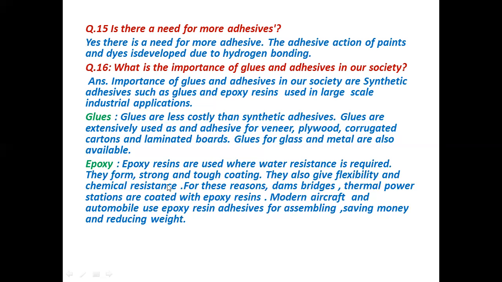They also give flexibility and chemical resistance, and that's why we use them in dams, bridges, thermal power stations, and also to coat some other substances. Modern aircraft and automobiles also use these epoxy resins for assembling different parts. They are cheap and also lighter in weight.